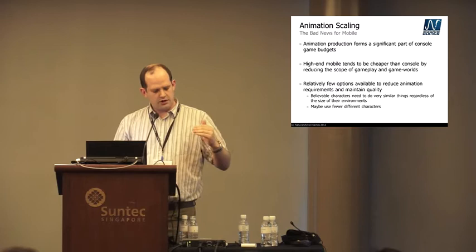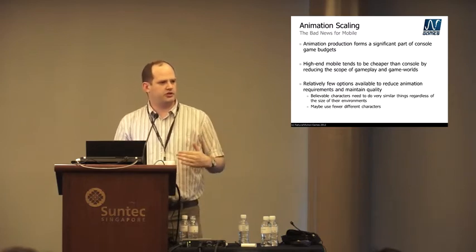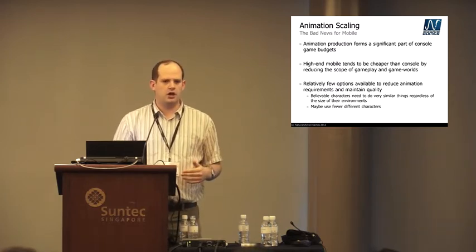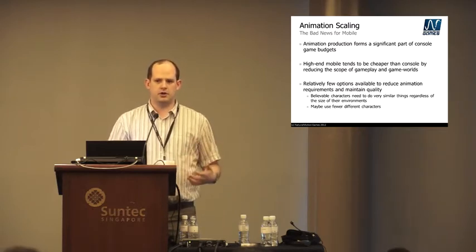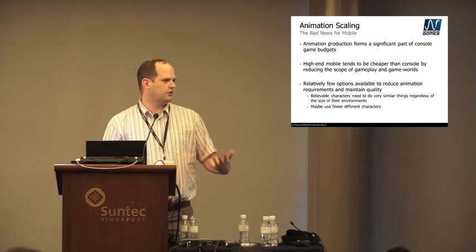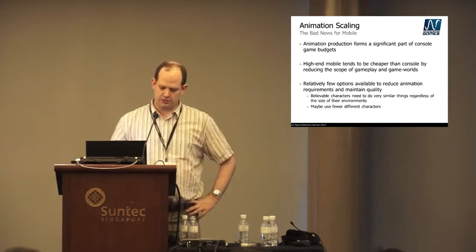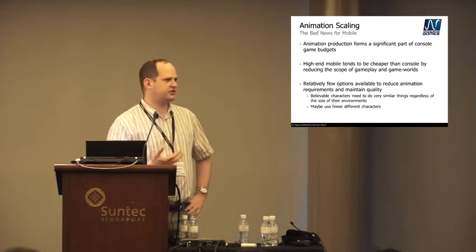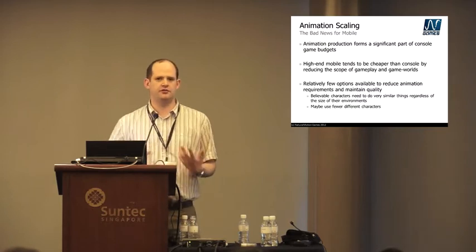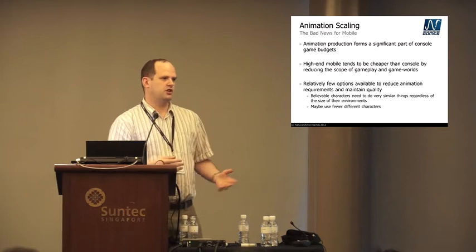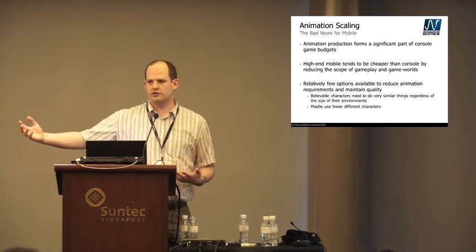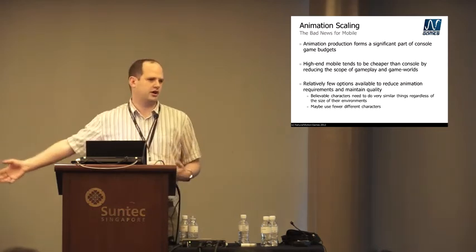When you reduce from those budgets to what you'd need for high-end mobile, you quite often get away with just reducing assets. You don't create as big a world, you remove levels, all of those kinds of things. You can simplify bits of gameplay as well. But that doesn't necessarily reduce the amount of animation you need for your characters, right? Because a character that needs to be able to walk around a room needs pretty much the same animation as a character that's going to be able to walk around a whole building or around a whole city.